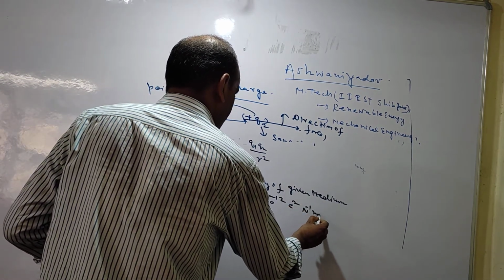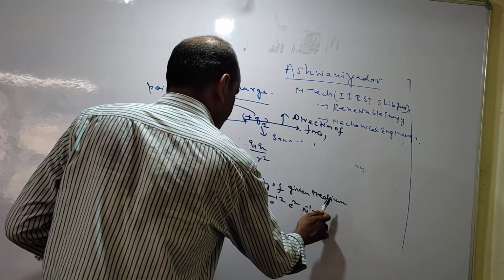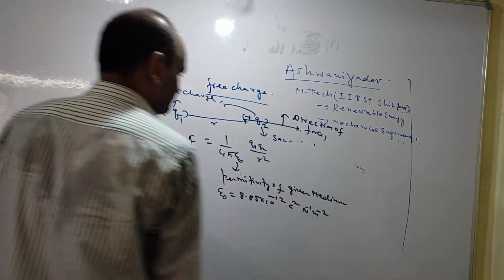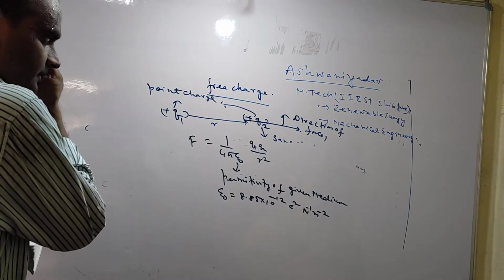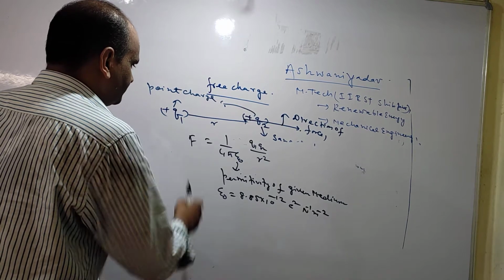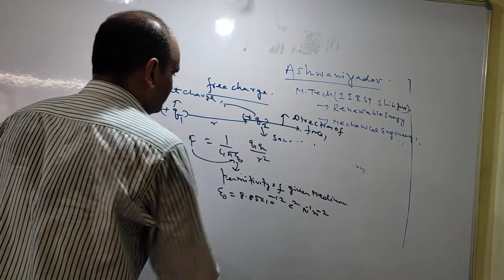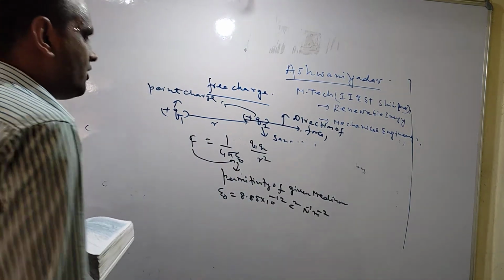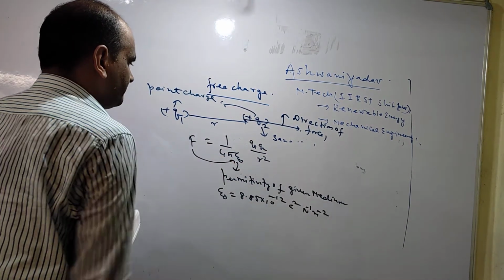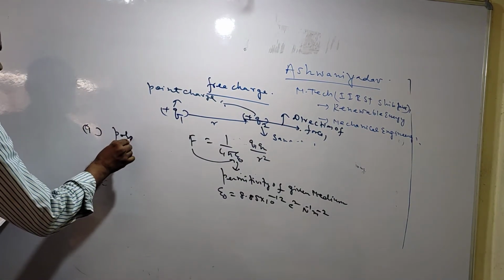Sorry, it is meter square, so you can take it as minus 2. I just want to say that force has something to do with the electrical property of the medium. Why? How can force be affected by the electrical property of the medium? I tell you one thing, that is polarization.